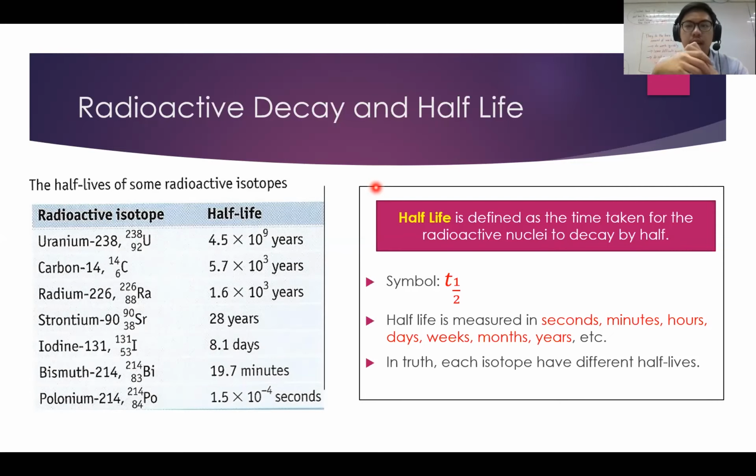When you do calculations with half-life, it's a bit tricky. There's no formula, so you have to use your common sense and logic. Have some sort of timeline or table. You either work forwards and halve the radioactivity every time, or you work backwards and double the radioactivity every time.